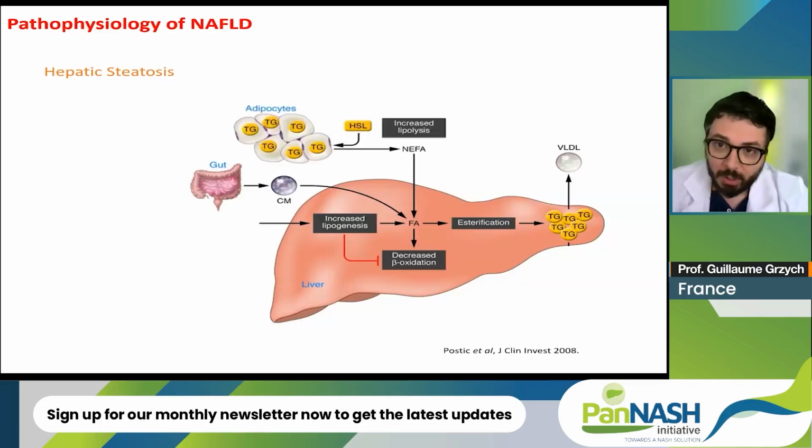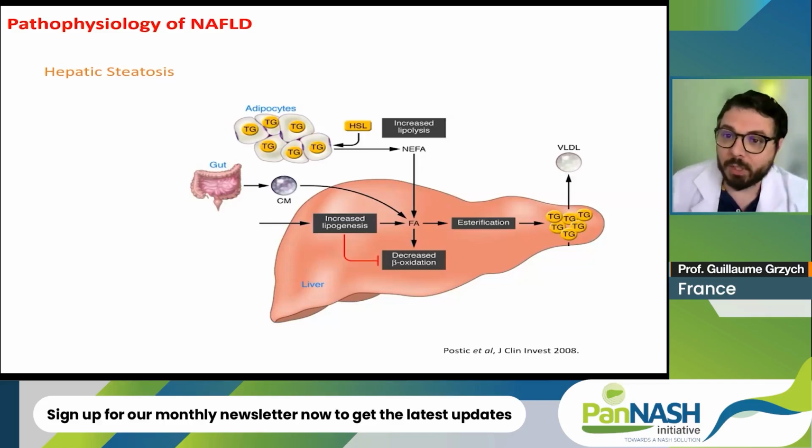The triglycerides can also come from adipose tissue, from adipocytes. When you have a lot of adipocytes, this increases lipolysis. In the case of lipolysis, you release fatty acids. The fatty acids come into the liver and through a chemical process are converted to triglycerides.